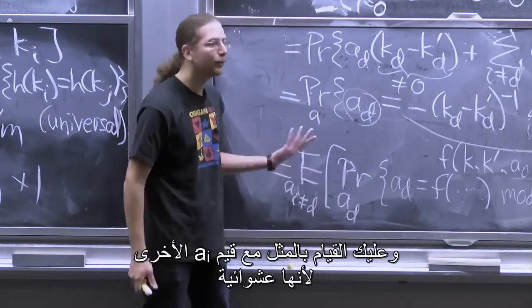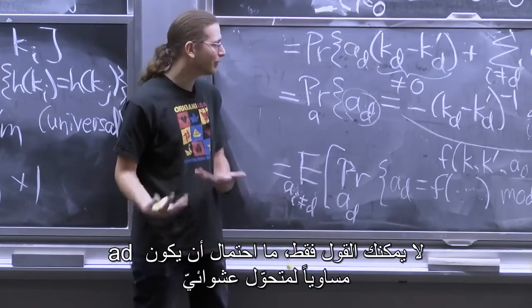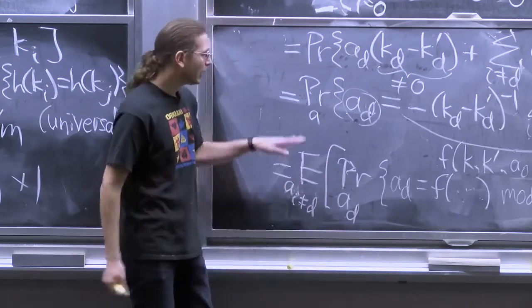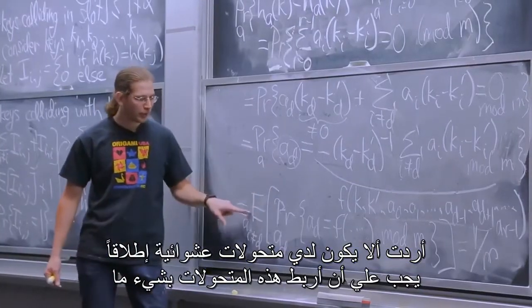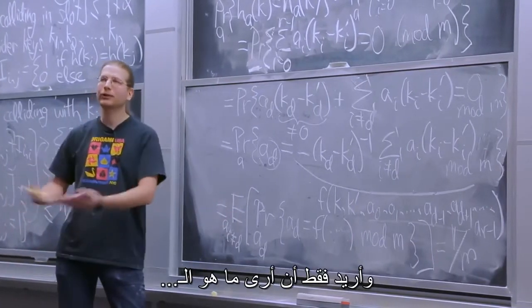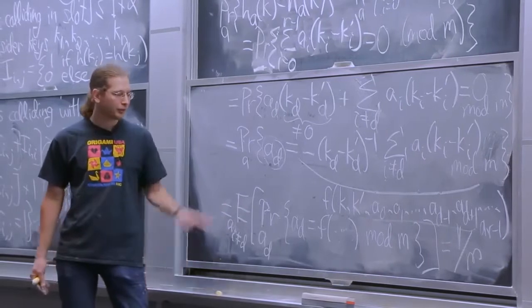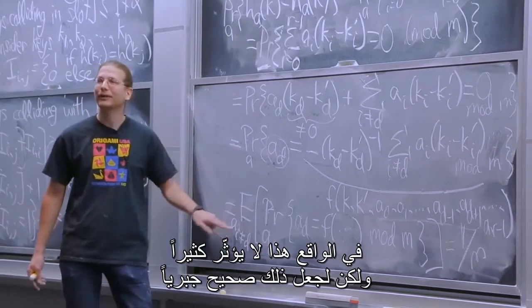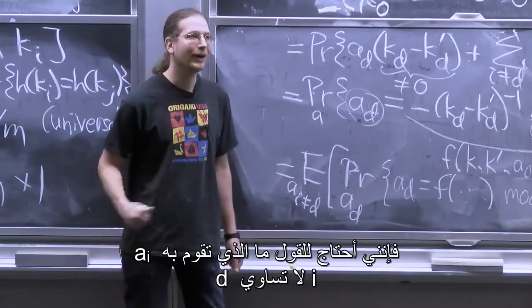And you have to do something with the other AIs, because they're random. You can't just say, what's the probability of AD equaling a random variable? That's a little sketchy. I wanted to have no random variables overall, so I have to bind those variables with something. But to make this algebraically correct, I need to say what the AIs where I is not equal to D are doing.